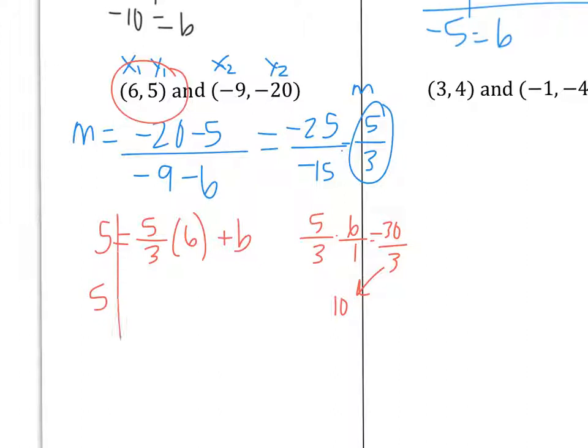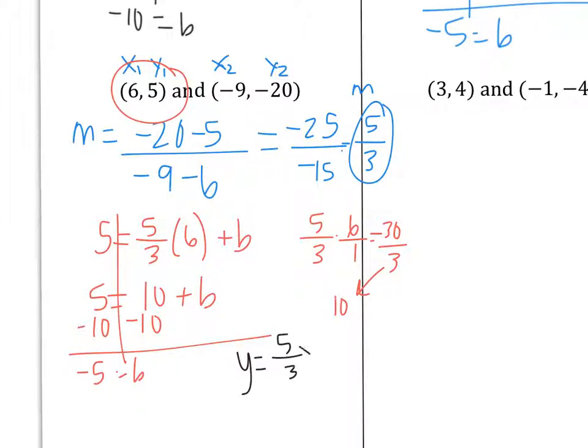So 5 equals 10 plus b. Isolate b by subtracting 10, and 5 minus 10 is -5. So if I put this all together, I get y equals 5/3 x, and 5/3 again was my slope, and then minus 5. And that's my equation.